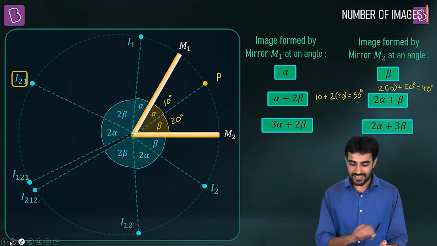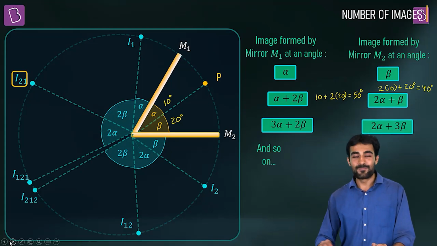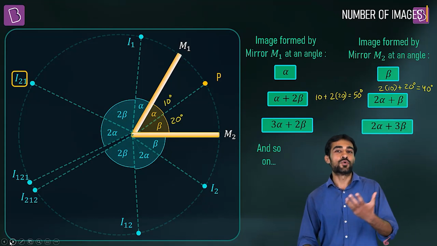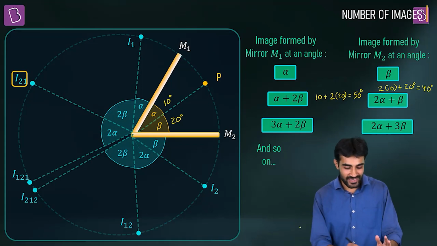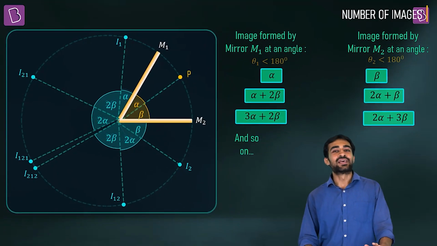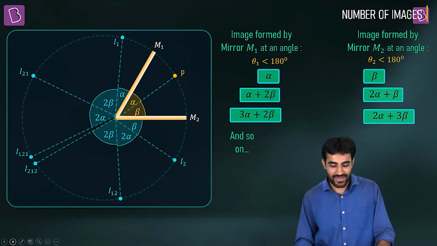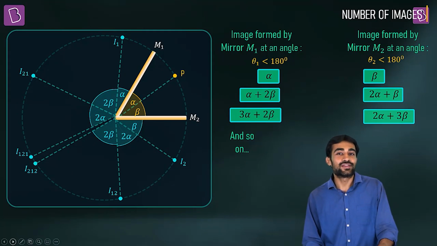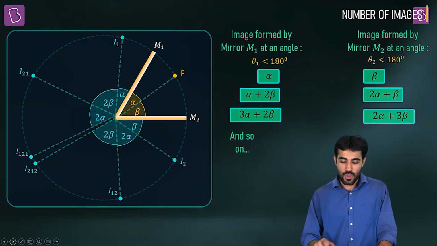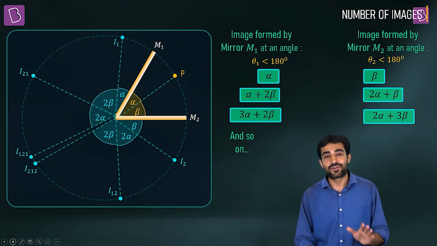So this is the angle made by the image from mirror M2, and this will continue on and on. But I don't want you to continue till infinity. Just stop when the angles are near 180 degree. So please consider the angles less than 180 degree. Otherwise, it would be a problem.